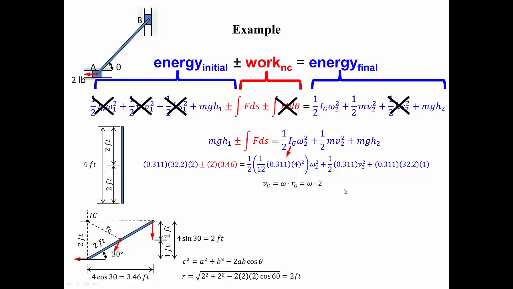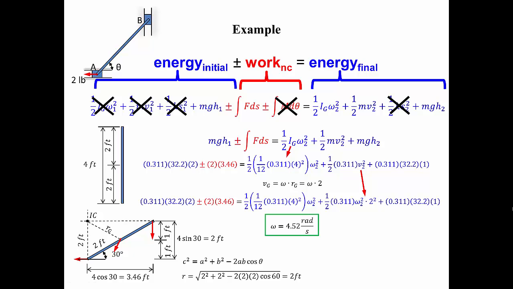Once we have that, we can substitute that into our equation. Notice that we've replaced the velocity from this equation with omega squared r squared in this equation. Now we have one equation and one unknown, and we can solve for our angular velocity, which is equal to 4.52 radians per second. But what is the velocity of point B, or the top part of our rod at this point?